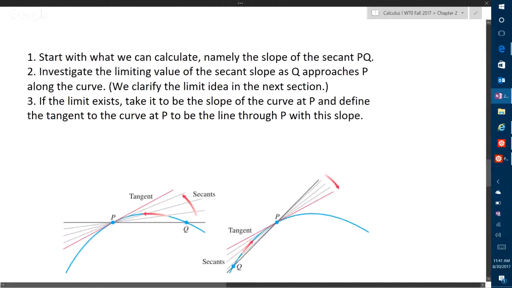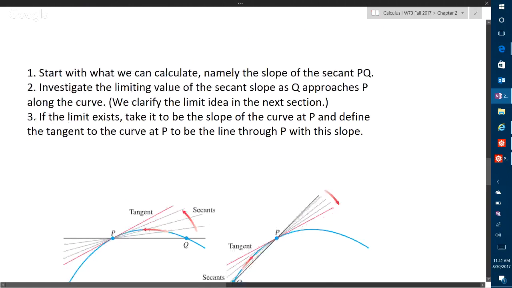So this is your curve, and this is your secant line through the two points. What we're going to do is investigate what happens as Q approaches P, as Q gets closer and closer to P, as the distance between them gets smaller, as h gets smaller. Whatever the slope is once we get here, that's the slope of the curve. That's basically what it boils down to.